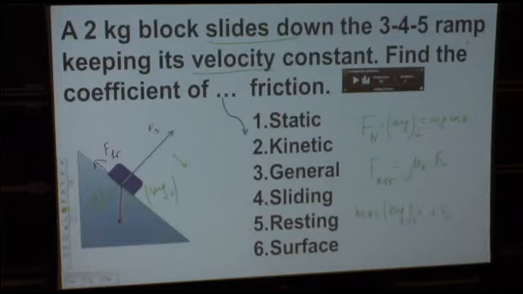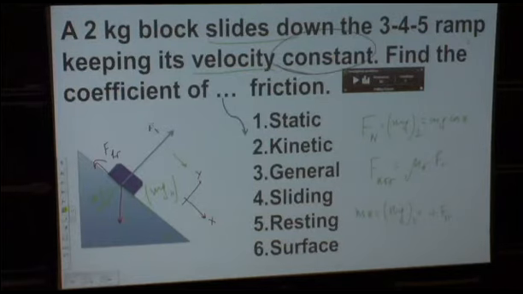Or, in our mind, we could have chosen x and y axis like this. So velocity points down. Acceleration also points down because, well, in this situation, acceleration actually is zero. Yeah?